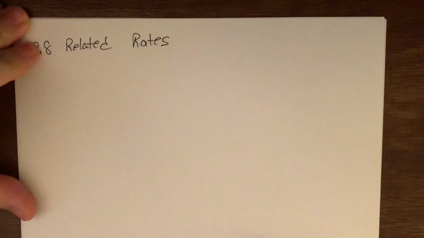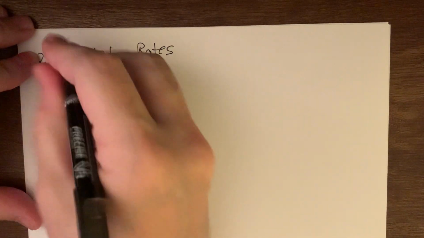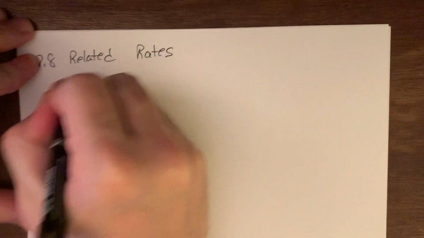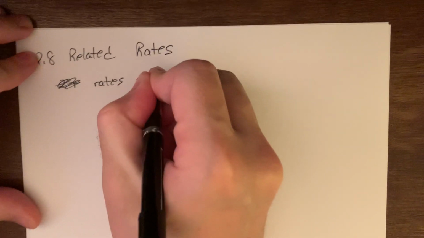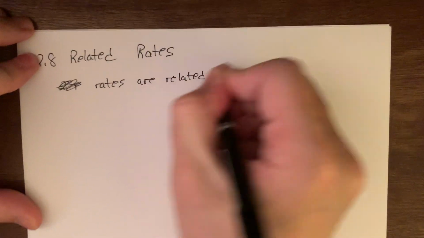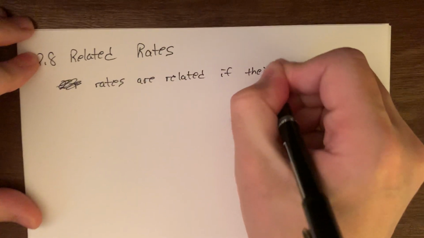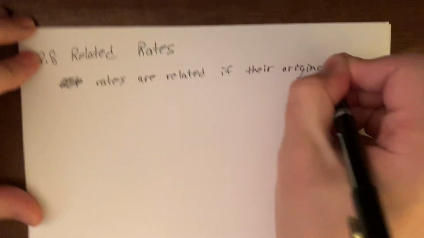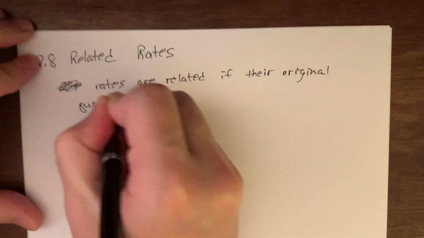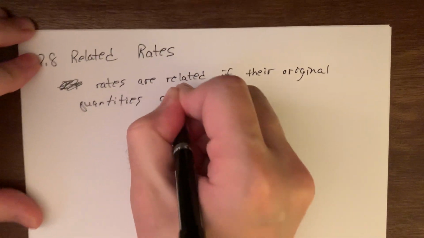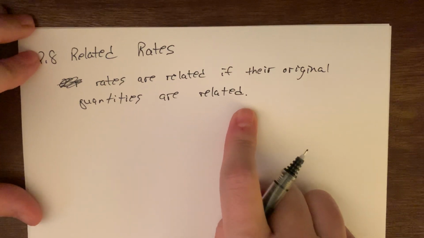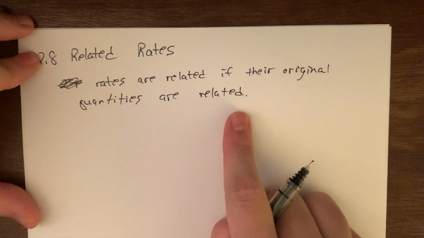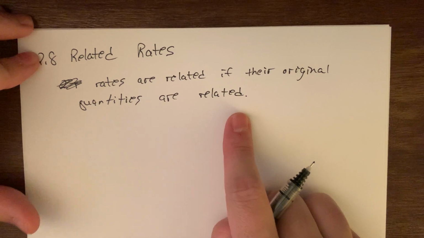Okay, so after saying all that, what are we actually doing here? Well, related rates. Rates are related if their original quantities are related. That sounds like such a generic statement to start this off, but it really cuts right to the heart.